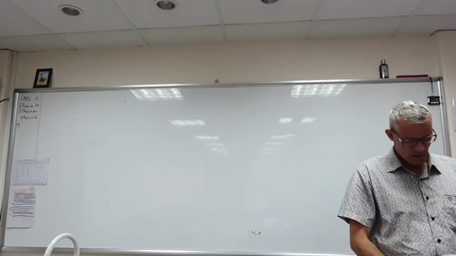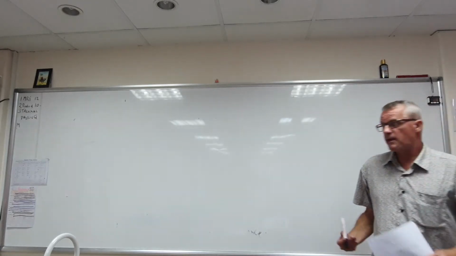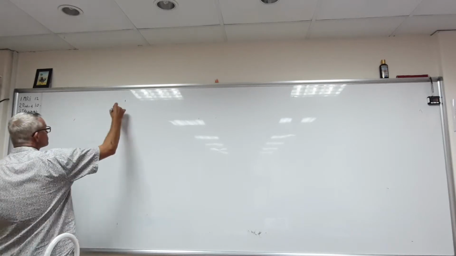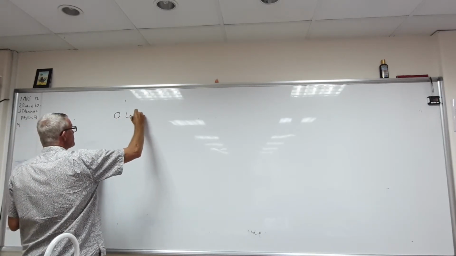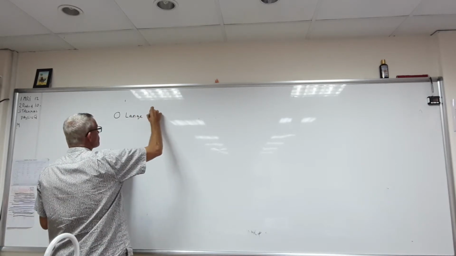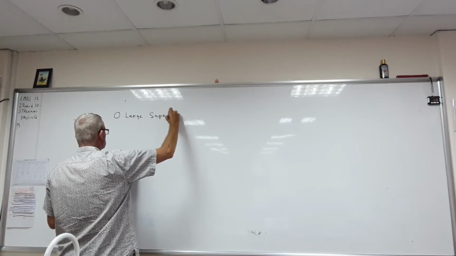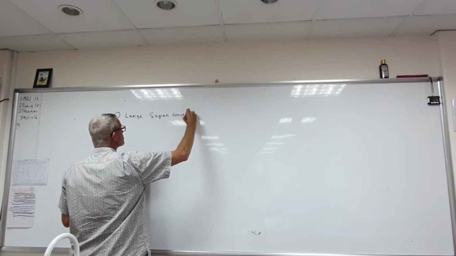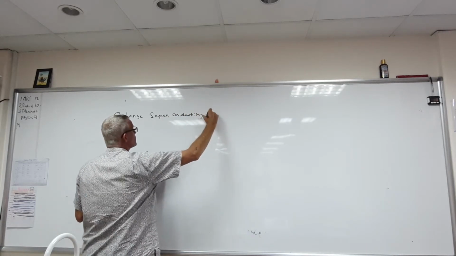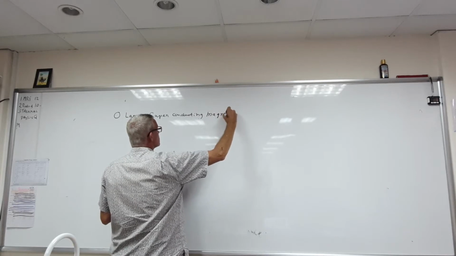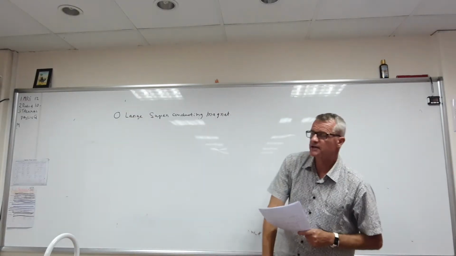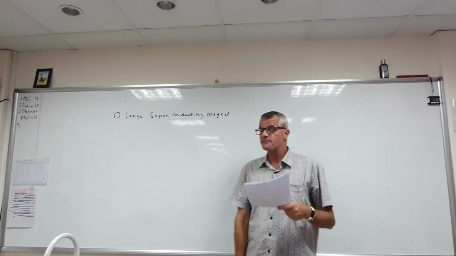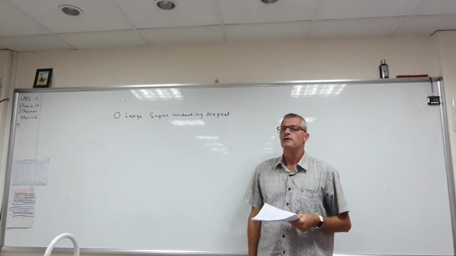Okay. Let's talk about the main features of the MRI scanner. First of all, it has a large superconducting magnet, and it produces a very strong magnetic field of about 1.5 Tesla, as said before.